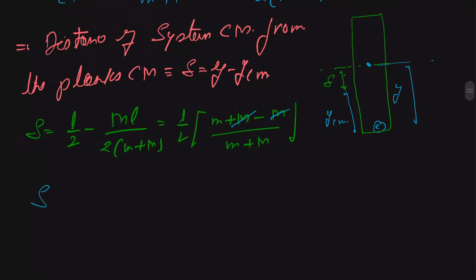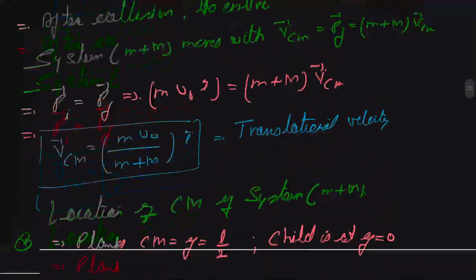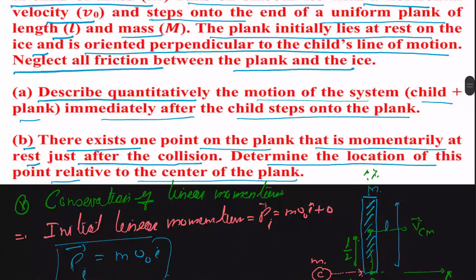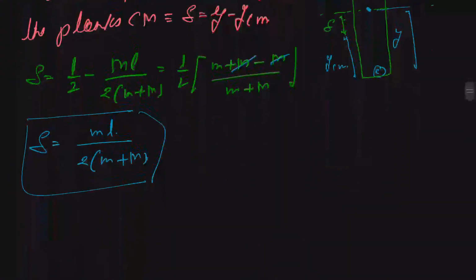Therefore we get that this delta will be equal to m L upon twice m plus capital M. So this is the distance which was asked. So we found out the center of mass from the Plank's center of mass. Now we come to the conservation of angular momentum.